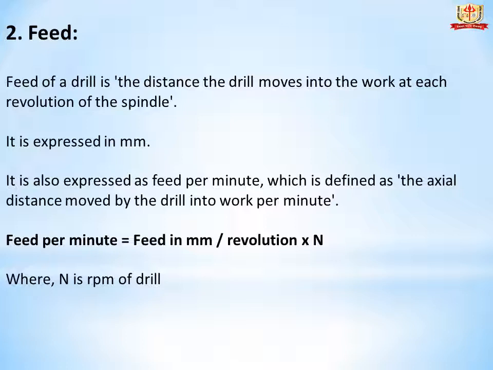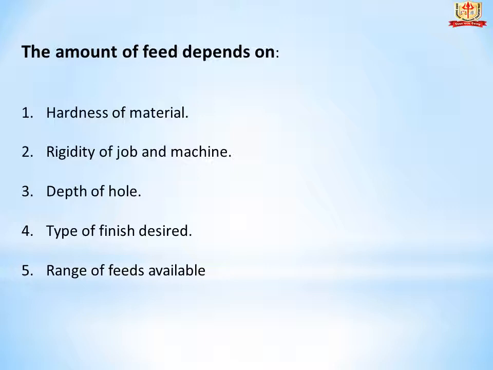Feed per minute is equal to f in mm per revolution into N, where N is the RPM of the drill. The amount of feed depends on: first, the hardness of material; second, rigidity of job and machine; third, the depth of hole; fourth, the type of finish desired; and fifth, the range of feeds available.